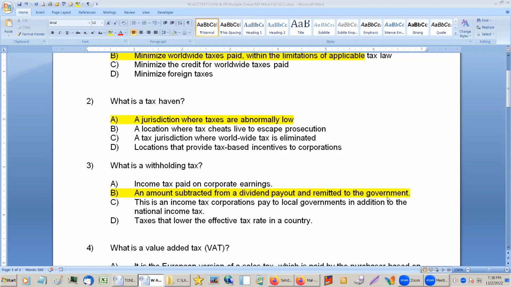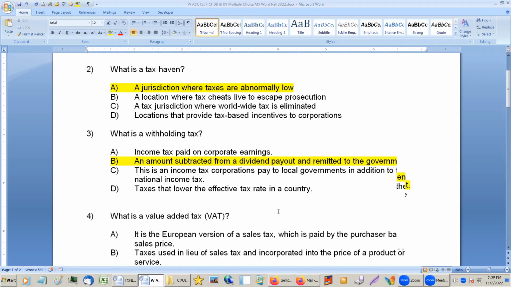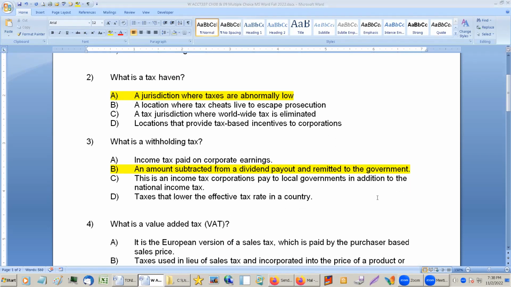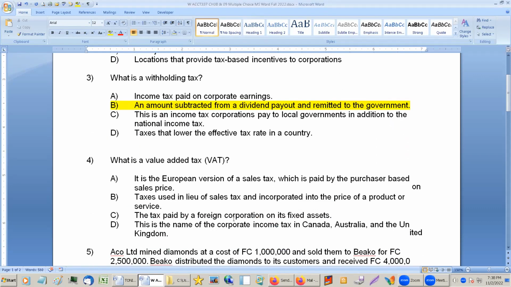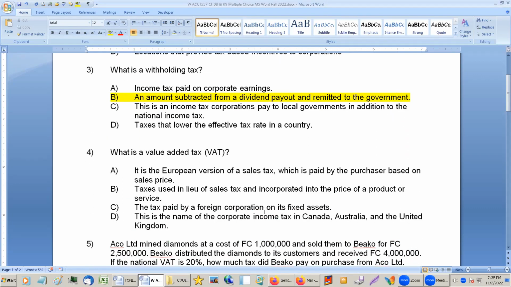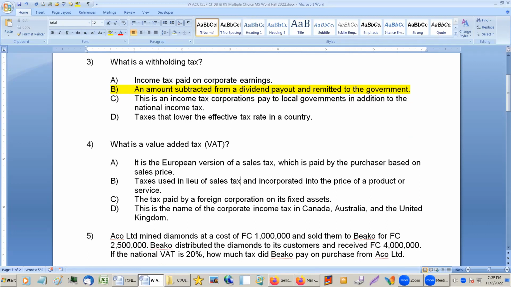There is no E, by the way, whoever put E up. And there is a question four. Okay. Value tax. Yeah.